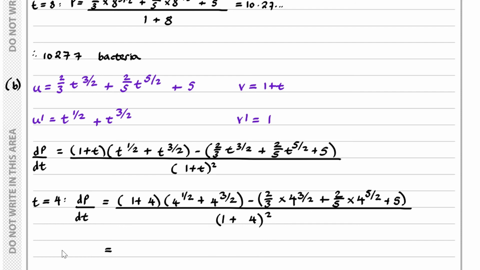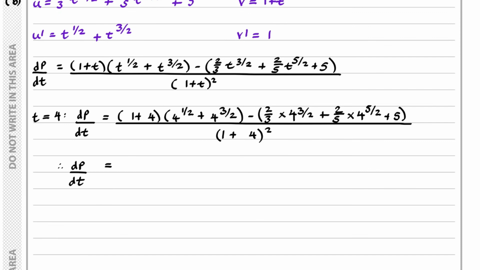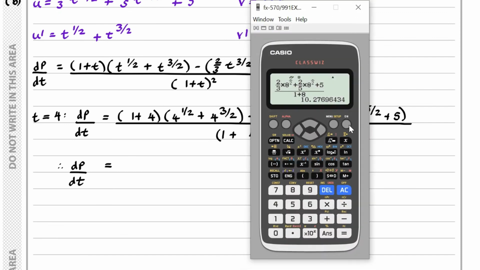So if we work all of this out, dP over dt, we can simply substitute the 4.